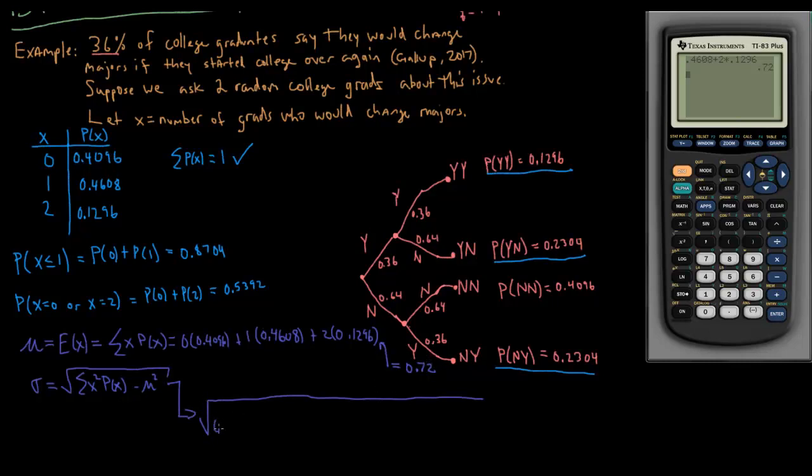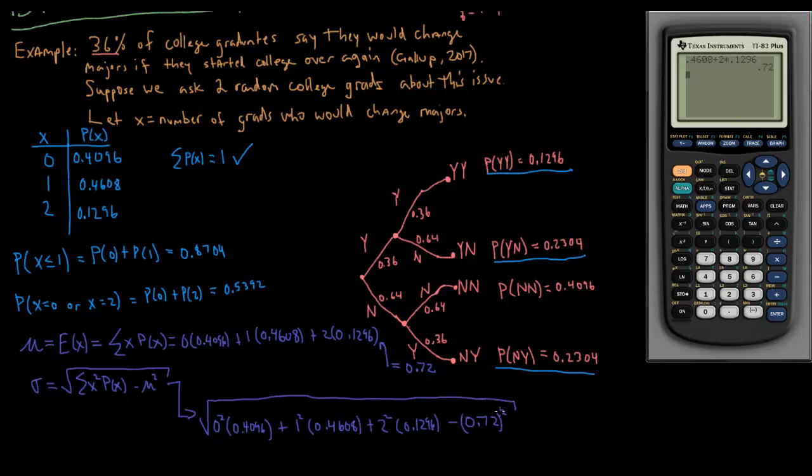So we have 0 squared times 0.4096. We know that 0 squared is just 0, so that's easy. Plus 1 squared times 0.4608 plus 2 squared times 0.1296.